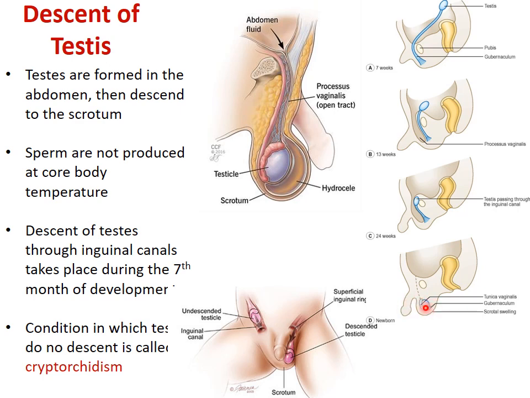Now the testis has to come into the scrotum, but initially, in week 7, it was in the lumbar region, and this testis is connected by a ligament called the gubernaculum. This gubernaculum, its lower end is attached to the skin of the scrotum, right?